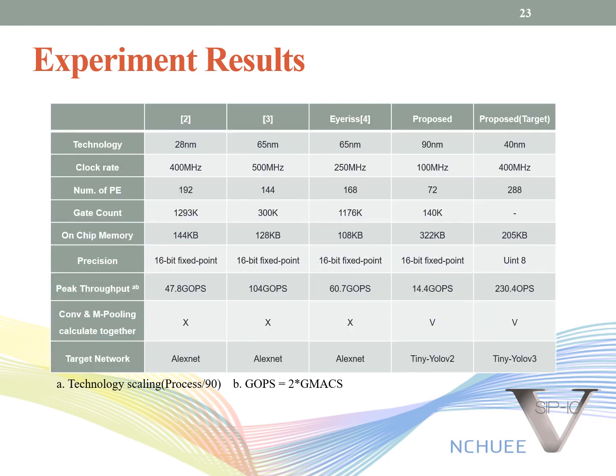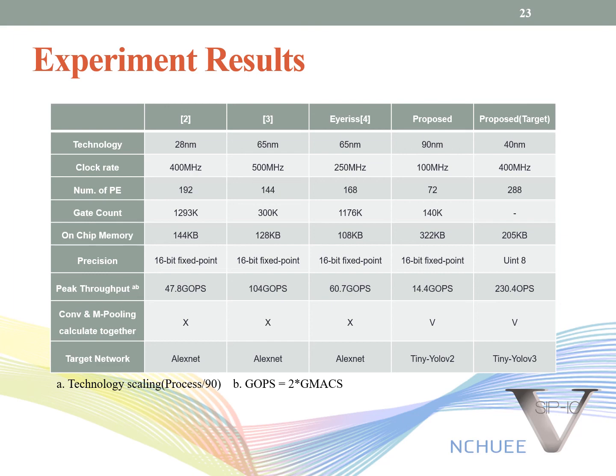Here is the comparison with other designs. In order to make all designs be compared fairly, here we use technology scaling to convert various processes to the same 90nm process. It can be seen that the architecture proposed in our design uses less gate count than the others. Also, the 14.4 GOPS seems to be lower than other papers.